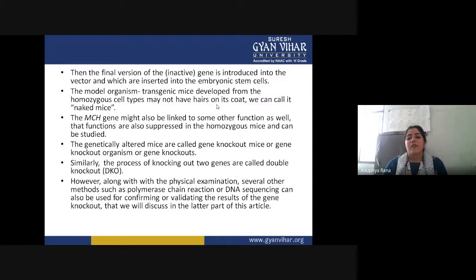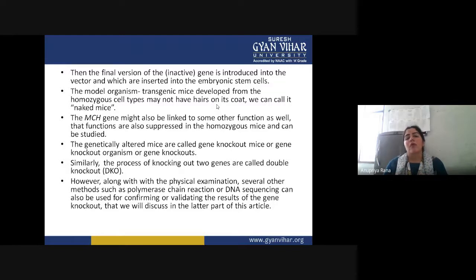However, along with this physical examination, several other methods such as PCR or DNA sequencing can also be used for confirming or validating the result of the gene knockout, which will be discussed later. The phenotype simply tells us that the gene has been inactivated or knocked out because there is no fur on the skin of the mouse.